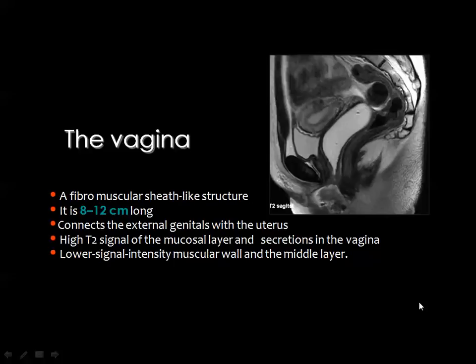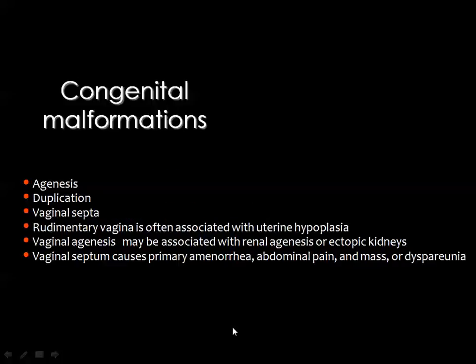And many times, whenever we are evaluating this particular area, including the cervix and vaginal pathology, we usually need to insert a vaginal tampon or to introduce the ultrasound gel in the vagina to distend the lumen so that we are able to see any pathologic abnormality.